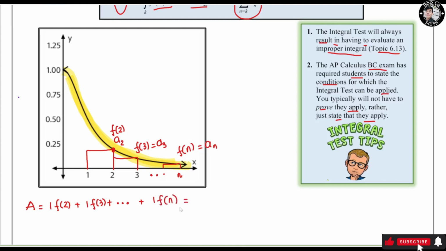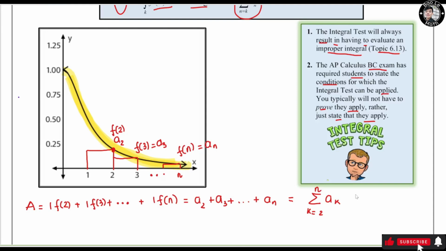Then I replace f of 2 with a sub 2, and multiplying by 1 gives itself, so it's a sub 2 plus a sub 3 plus etc. plus a sub n. This is actually the series of a sub k when k goes from 2 to n.